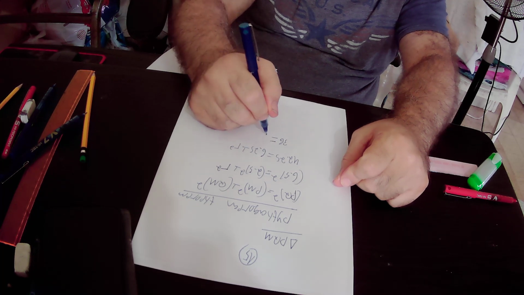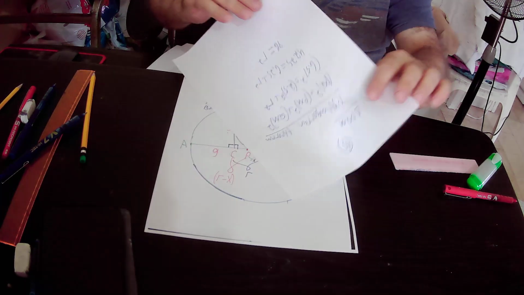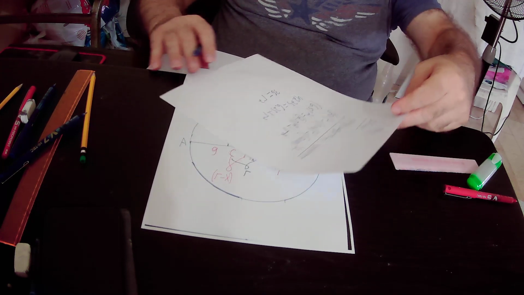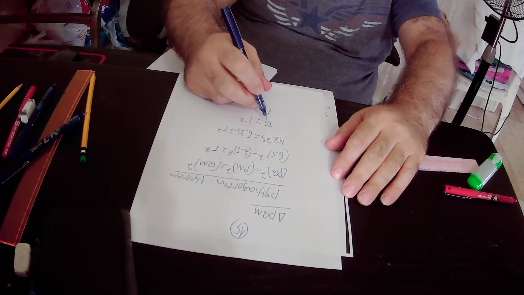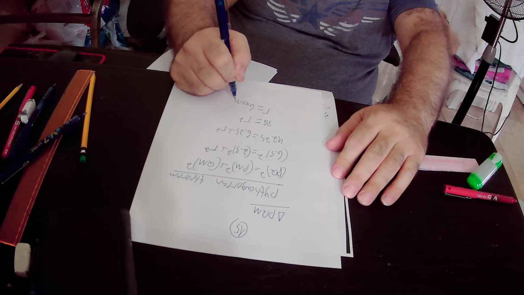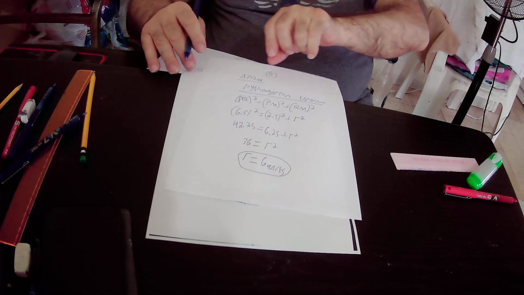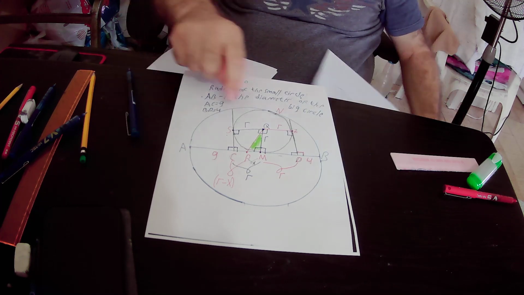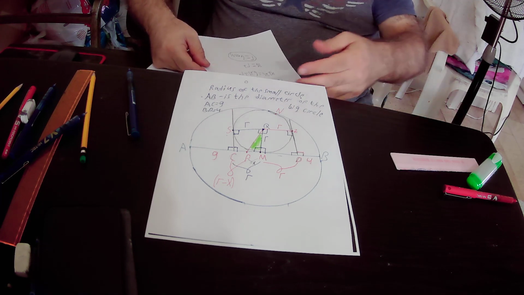So 36 equals r square. Here we will take the root of this equality, and we will get that small r, the radius of the small circle, equals root of 36. Root of 36 is 6. So we found out that small r, the radius of the small circle, equals 6 units. Again, the radius of this small circle equals 6 units. Okay, so that is the answer to the question.